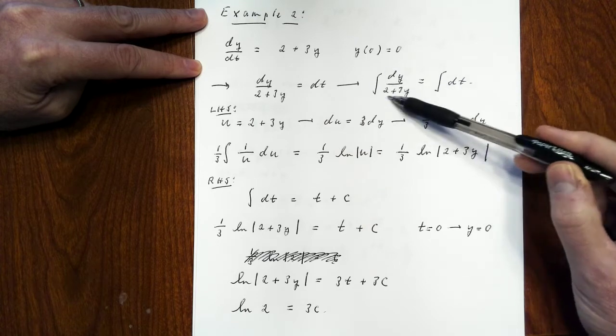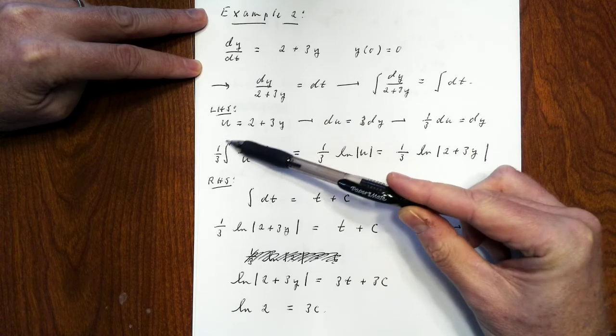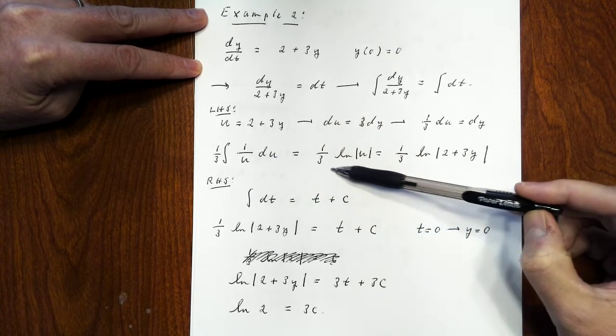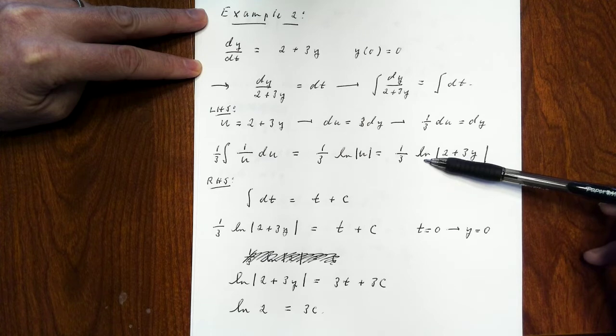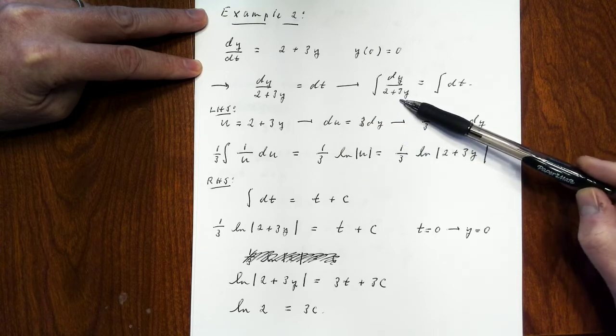That means in terms of integration by substitution, I can write this integral as 1/3 times the integral of 1 over u du. That's 1/3 the natural log of the absolute value of u, which is 1/3 the natural log of the absolute value of 2 plus 3y. So that's the result of integrating the left side.